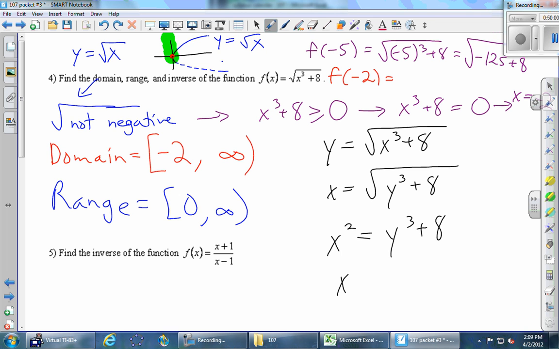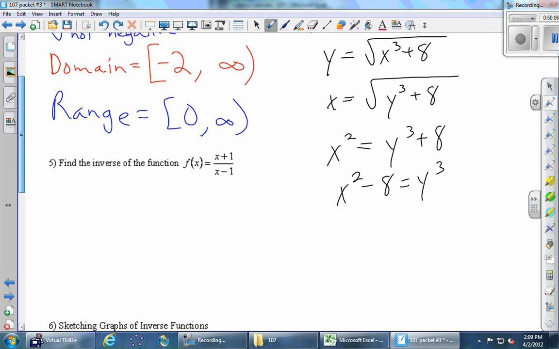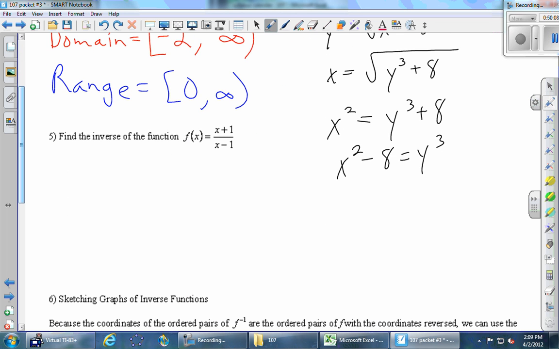Subtract the 8. And what's the opposite of having y that's been cubed? Cube rooting. And then just the last piece, instead of calling it y, what are we saying? F inverse of x.